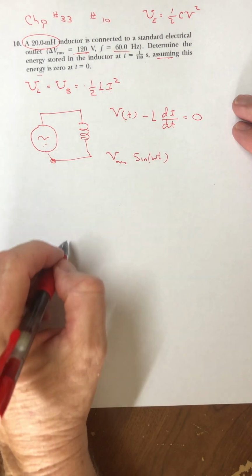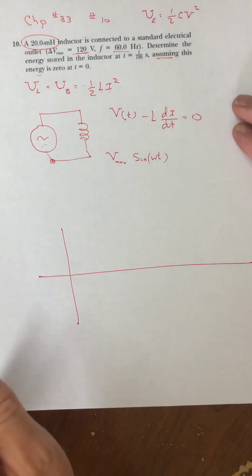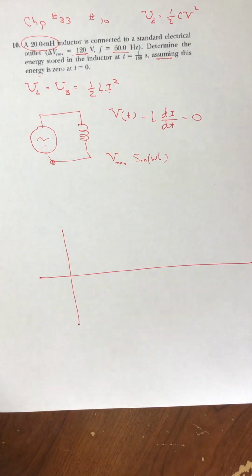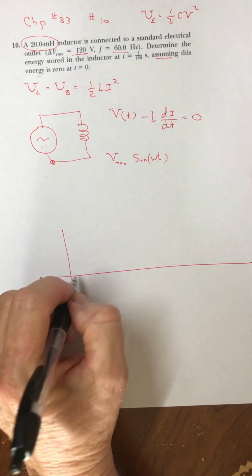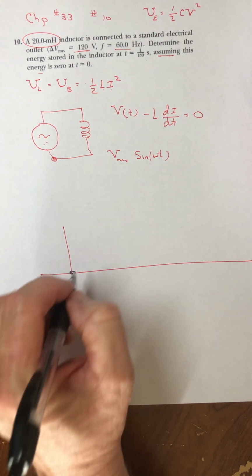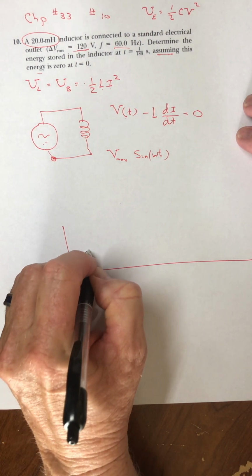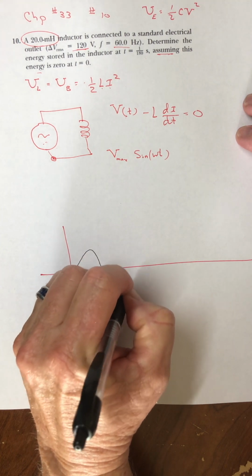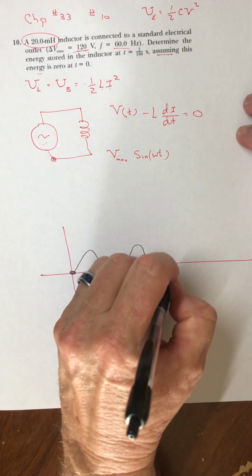And so if I made a graph of this, and maybe just see my axis in red, why don't I switch over? Hey, I lost my blue pen somewhere. Okay, well, let me do this black one here. But what I'm saying here is the voltage looks like this, a sine function.